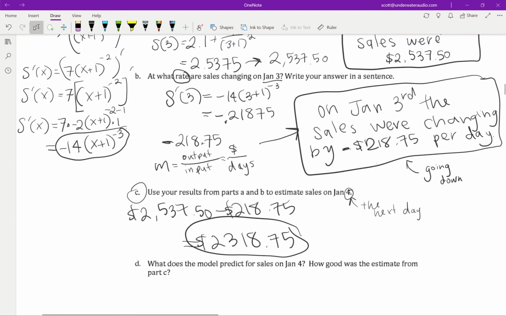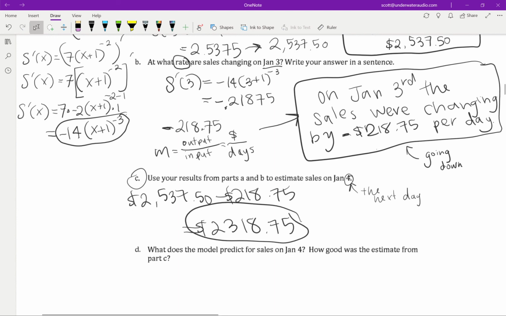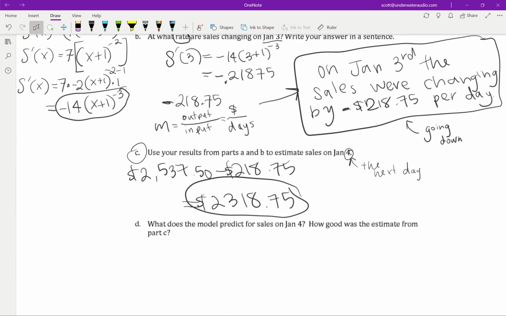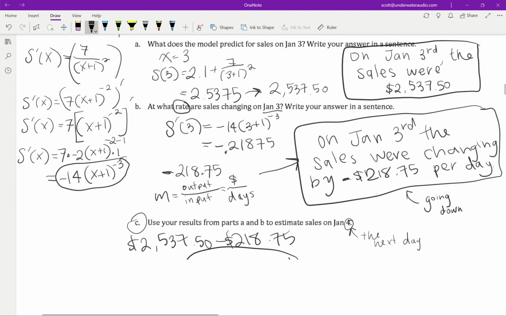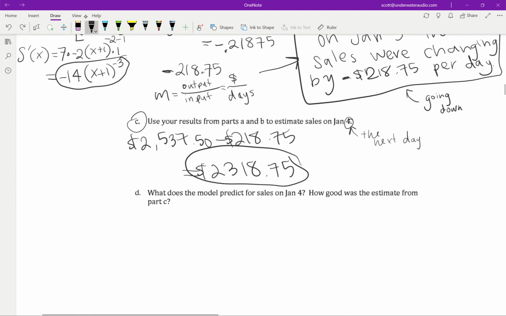Part C says, what does the model predict for sales on January 4th? The model that we were given is up here. I'll just plug it in. Okay. So S of x equals 2.1, oh man, I keep writing sevens. It's this weird thing I do. 2.1 plus 7 over x plus 1 squared.